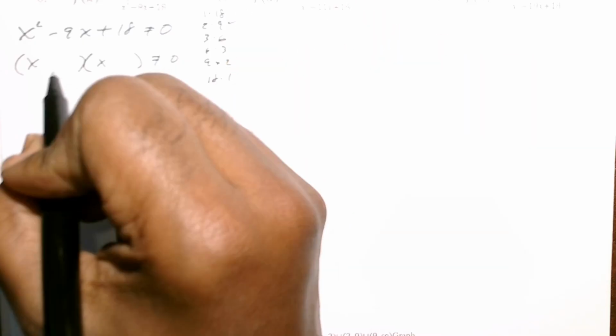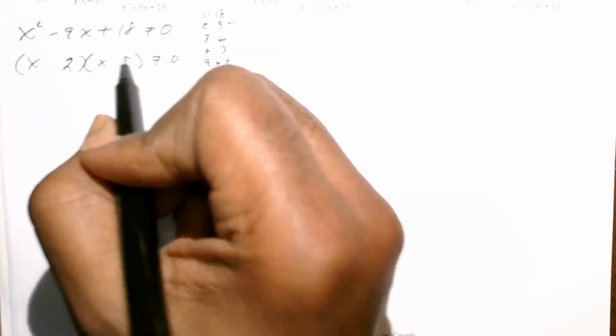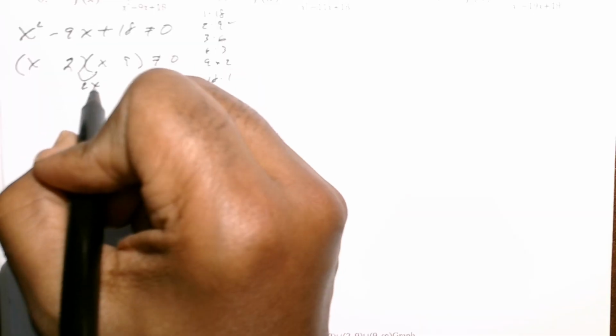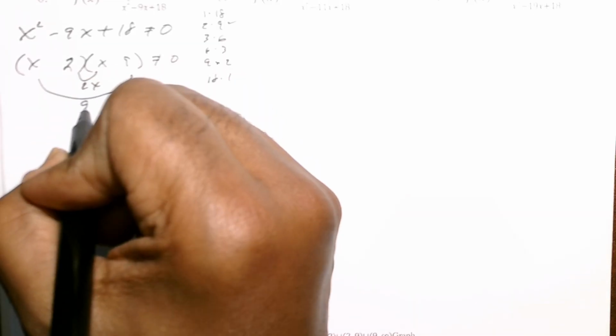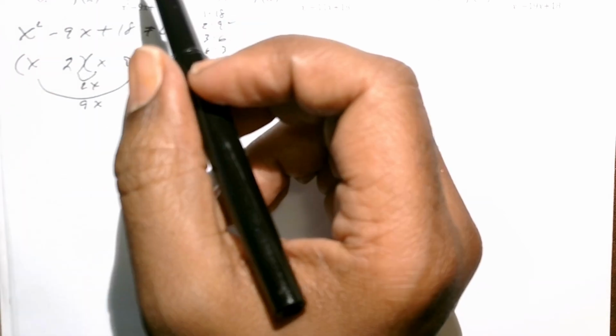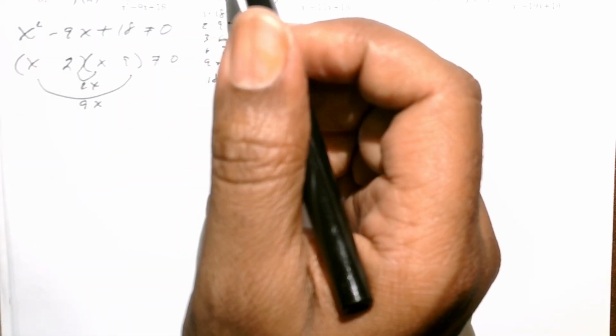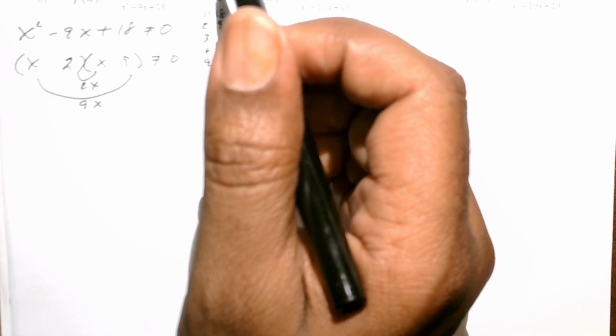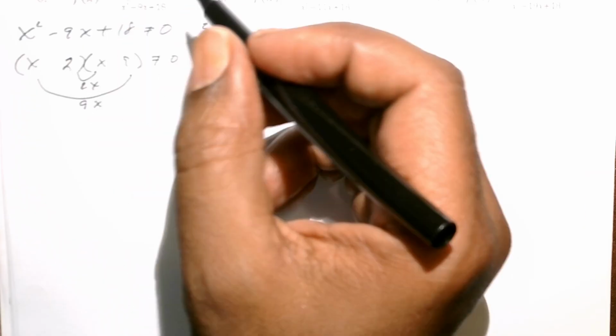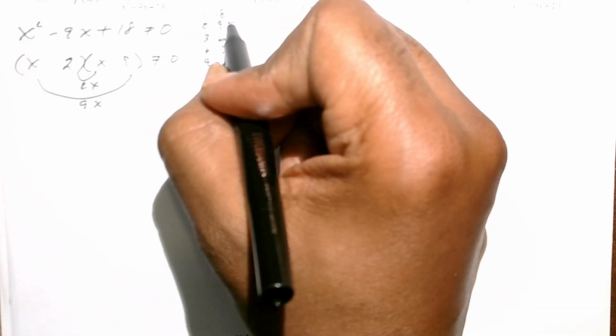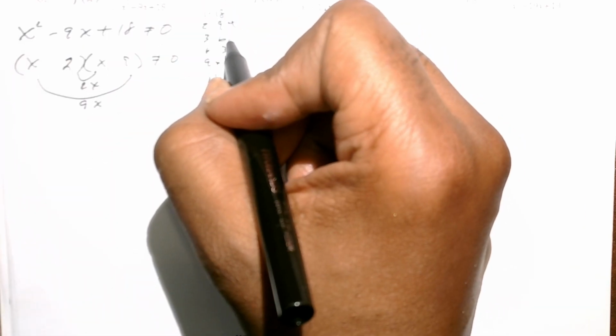Okay. So 2 times 9, and then we'll get 2x here, and we'll get 9x here. And no, that won't work because I need to get an 18. So that doesn't work. Let's try 3 times 6.